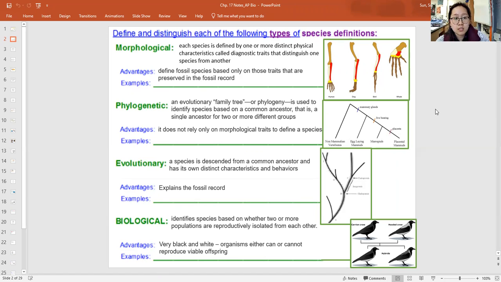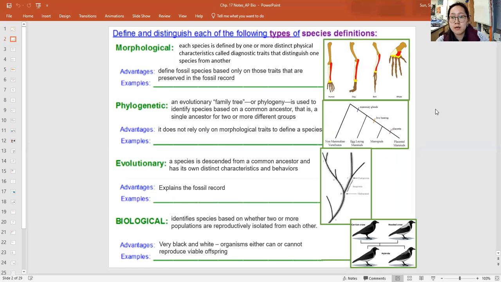And so the advantage of morphological species definitions is that you can define fossil species based on only those traits that are preserved in the fossil record. So it's kind of easy to see evidence of the species and group them based on their fossils and their bone structure.